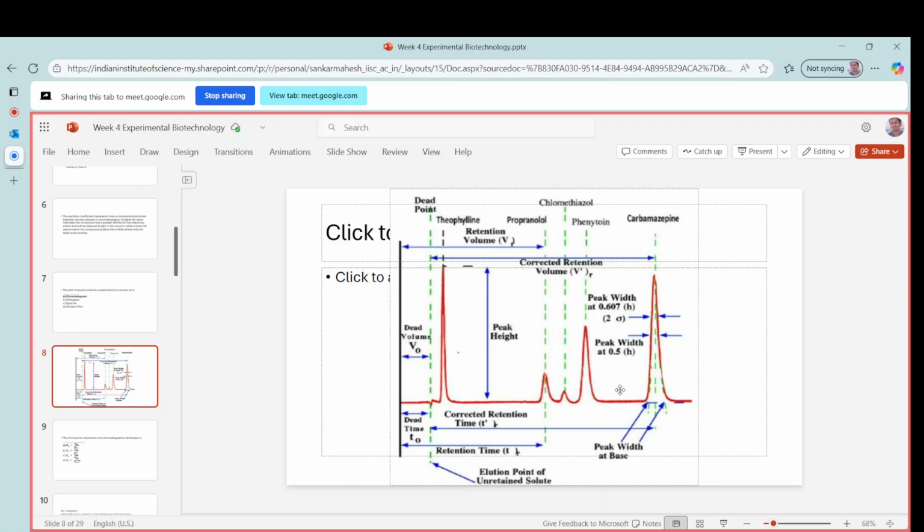Here you see it going to a very high absorbance value, and there are no small peaks close by. Unlike this one, theophylline. In theophylline you see a small peak and then there's an increase. So this is of slightly lower resolution compared to this. This is called resolution.